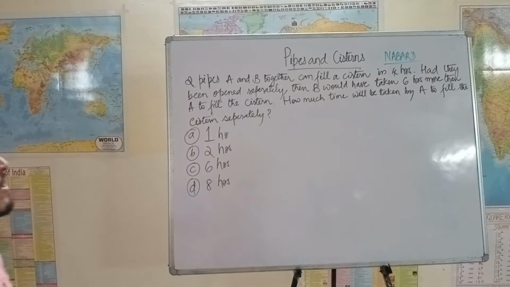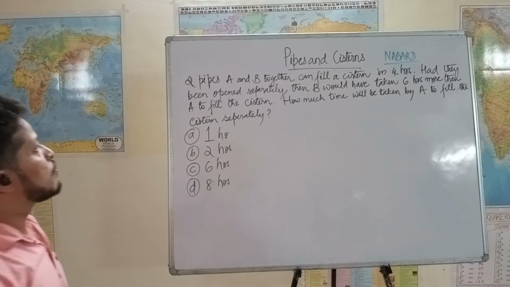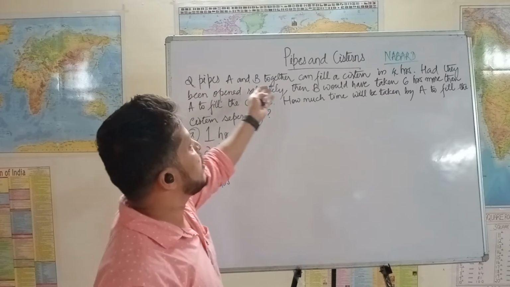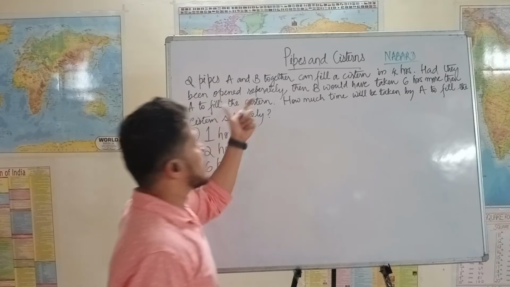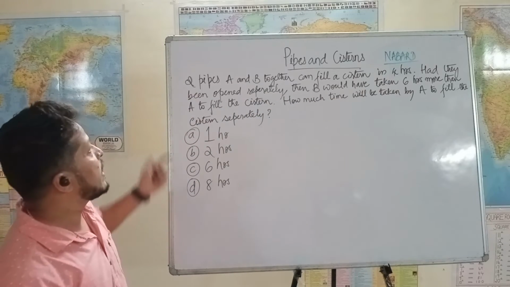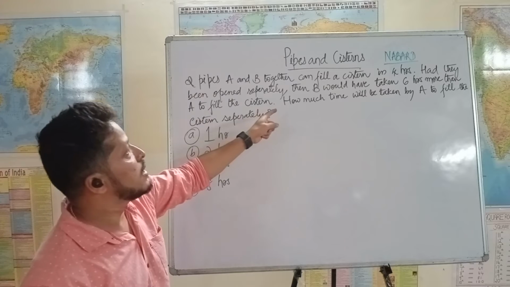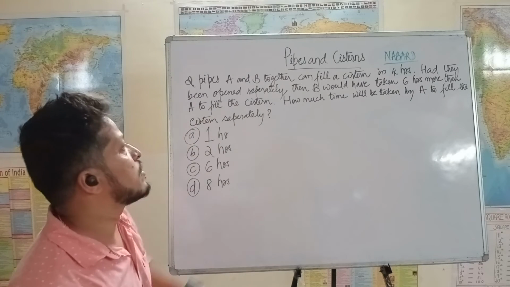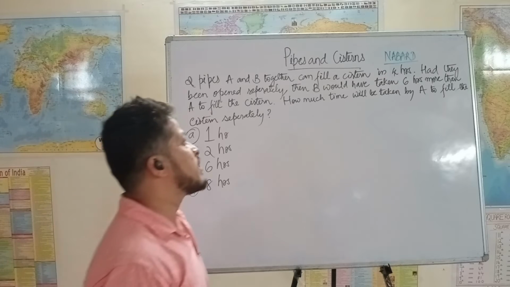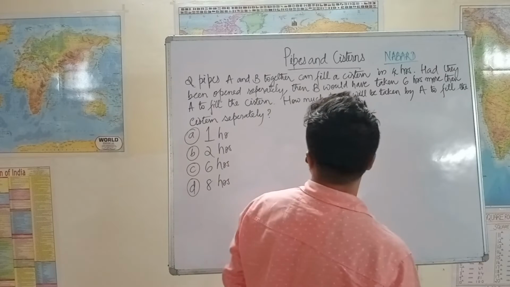It's a slightly different question. Two pipes A and B together can fill a system in 4 hours. Had they been opened separately, then B would have taken 6 hours more than A to fill the system. How much time will be taken by A to fill the system separately?